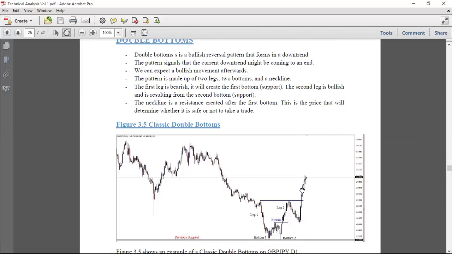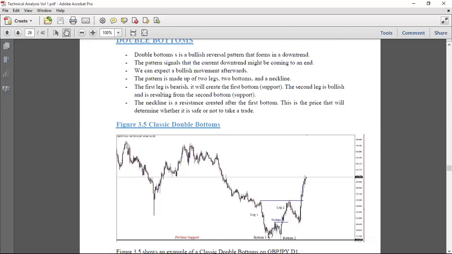Then you can expect a bullish movement after the neckline is broken or when the pattern is unfolding. This pattern is also made of two legs, but this time it's not two tops, it's two bottoms. And that's where the name is also coming from. These two, that bottom and that bottom, double bottom.